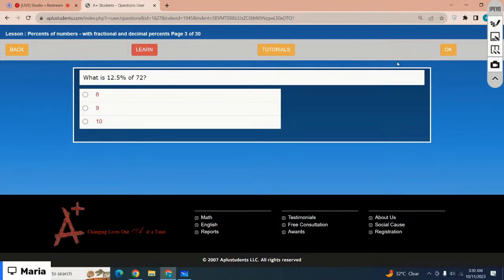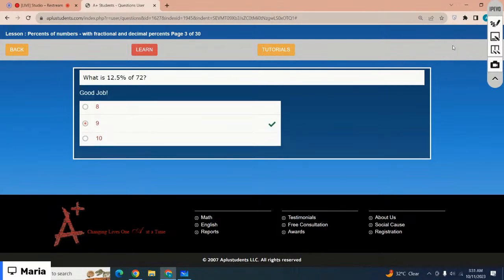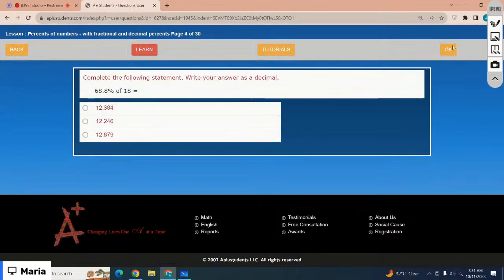Very good. That would be 9. And also keep this method in your mind, because when you're doing multiple choice questions, you can do the simplest way, right? Okay, the next one is 68.8% of 18, which is the correct option.